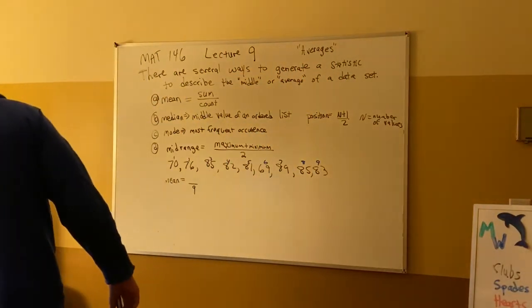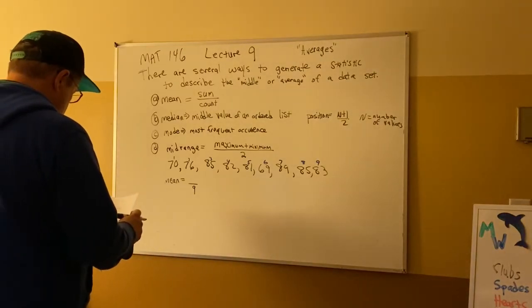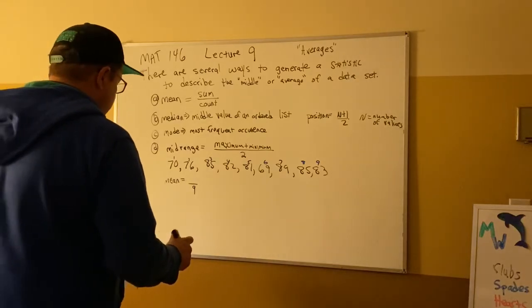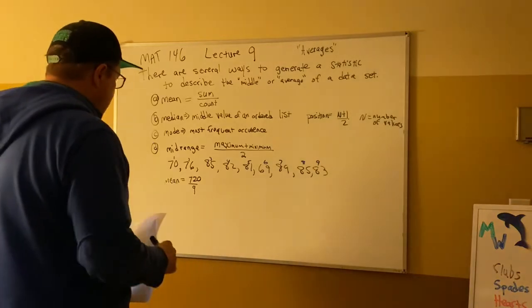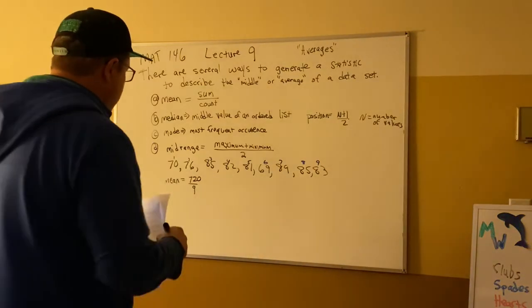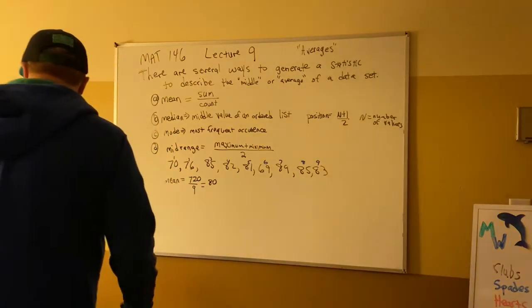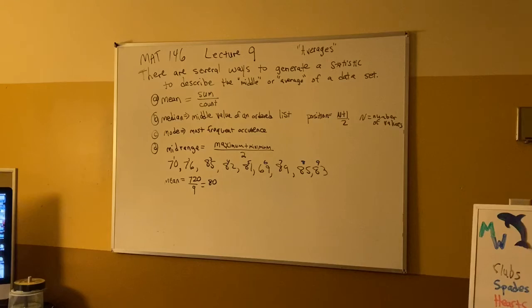See how I did today. 720 seems to be the number that we got for the total. So I was off by 10. Okay. Anyway, add them up. You should get 720. Divide by 9. The mean equals 80. So that would be, we'd say, the average score of a golfer that day, because we're going for the mean, is 80.